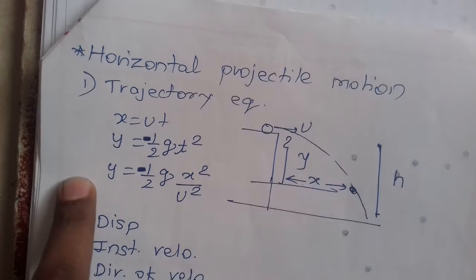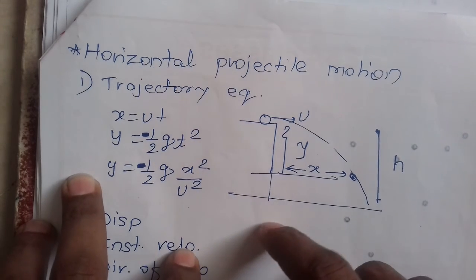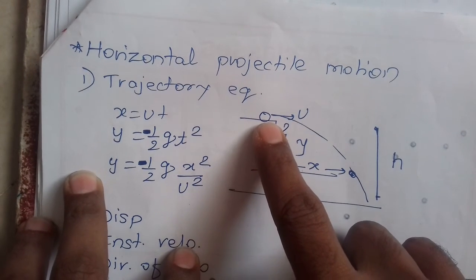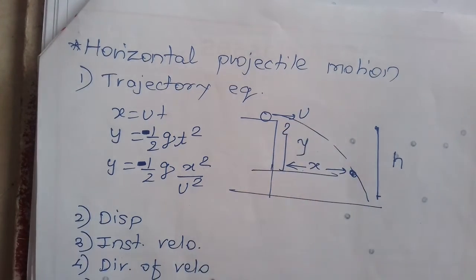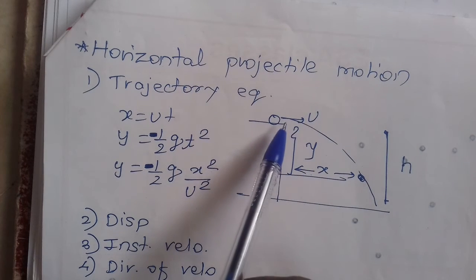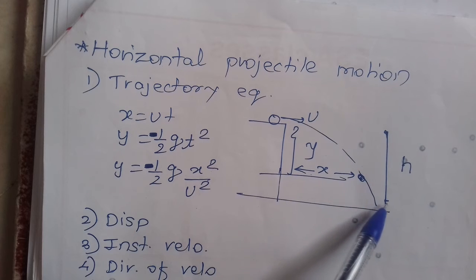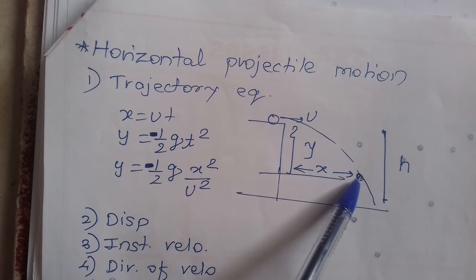Then horizontal projectile motion. Equation of trajectory. In this case, projectile is projected with only horizontal velocity, no vertical velocity. So initial vertical velocity of projectile is 0 and projectile comes like this. Then after traveling for some time t, projectile comes to this point.